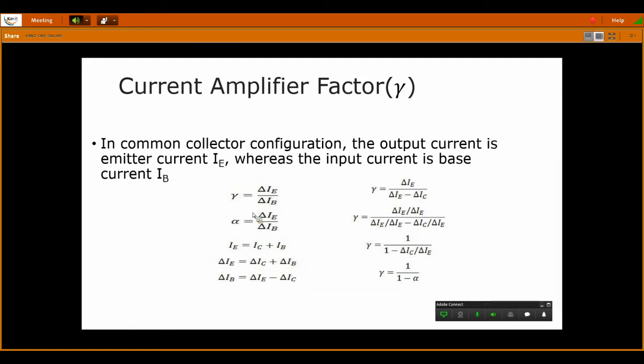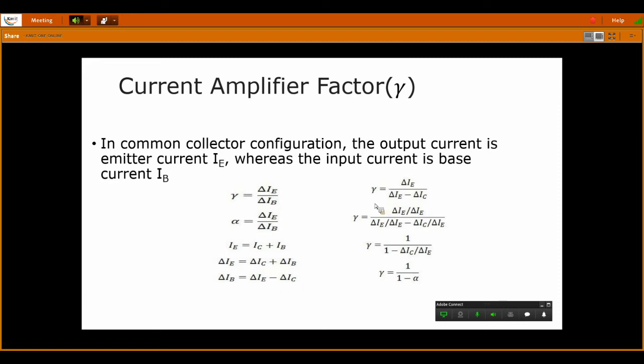Now we would also have a relation between alpha and gamma. Alpha is the amplification factor of common base, the change in IC with respect to the change in IE. Here IE is equal to IC plus IB, so the change in IE is equal to the change in IC plus the change in IB, so IB is replaced with delta IE minus delta IC.